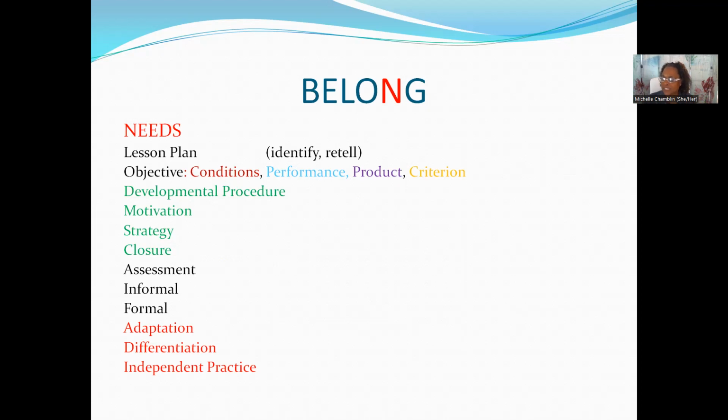I have observed teachers in a classroom lose students because the lesson that they were doing had some great points, but there was no lesson plan at all. And the students were lost.